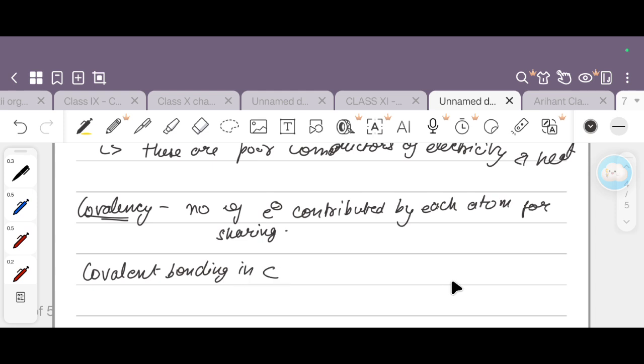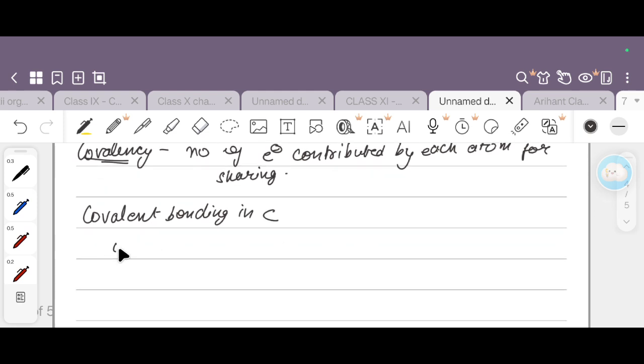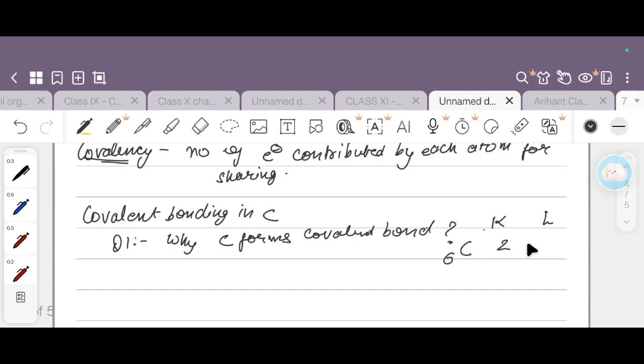So the first question that arises in our mind is why carbon forms covalent bonds. The answer is that, as you know, there are four electrons in the outermost shell. The atomic number of carbon is 6 and the shell configuration is 2, 4. Here 4 electrons are needed to make this a stable configuration.